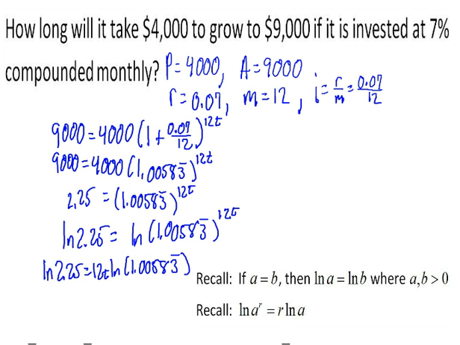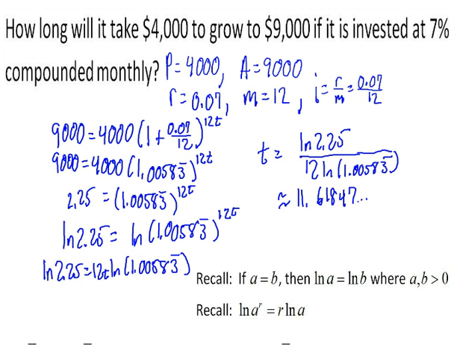So we really have 12 times t times a number equals another number, which is a pretty basic linear equation. So I would next divide both sides by 12 times the natural log of 1.005833. If we plug in the natural log of 2.25 divided by 12 times the natural log of 1.005833, again the 3's going on forever, you get approximately 11.61847. So, rounding to one decimal place, it will take about 11.6 years.